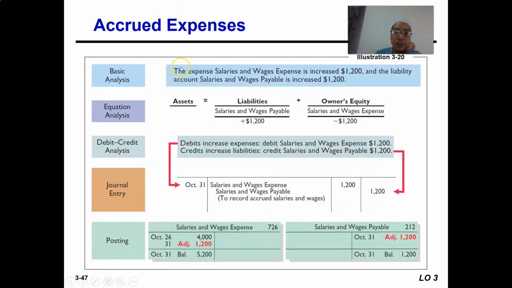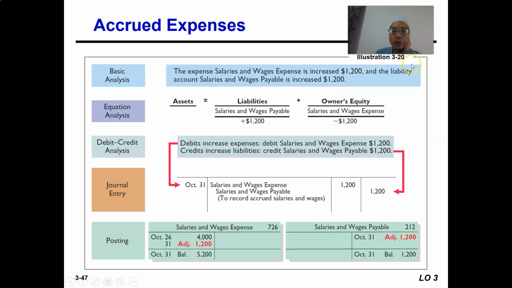Therefore, we need to increase the salaries and wages expense by $1,200, and we also need to increase the liability by $1,200, because now Pioneer owes the employees $1,200.